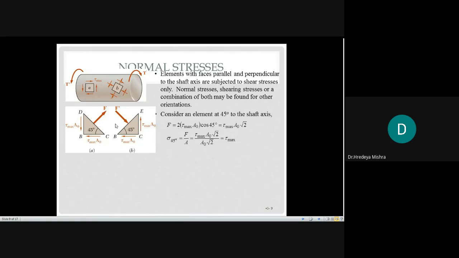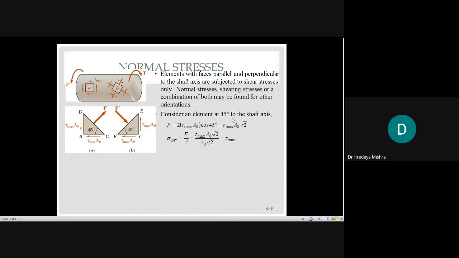Now if we calculate the force, we get it like this: F equals 2 tau max A naught cos 45, and this is the value of cos 45.